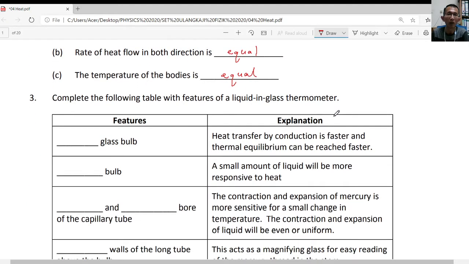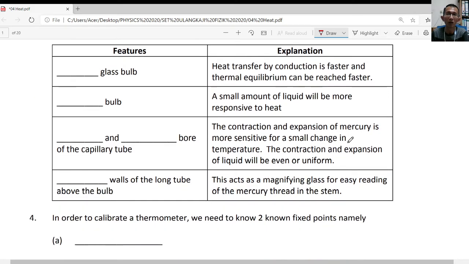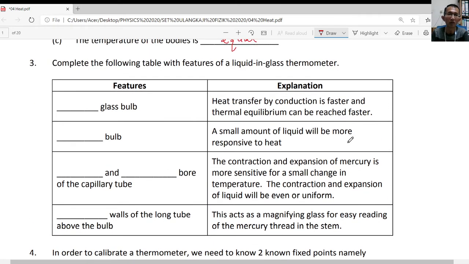Complete the following table with features of a liquid-in-glass thermometer. What features of the glass bulb enable heat transfer by conduction to be faster, so that thermal equilibrium can be reached faster? Here we are talking about conduction of heat.